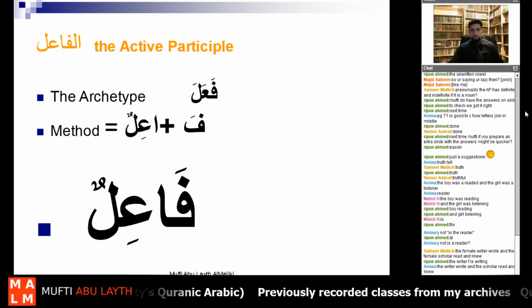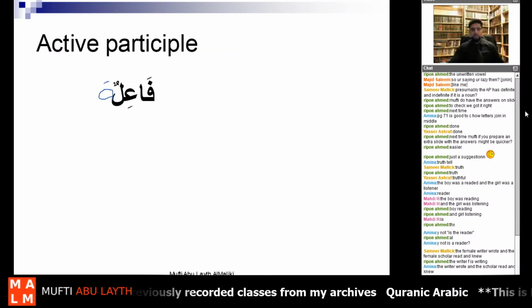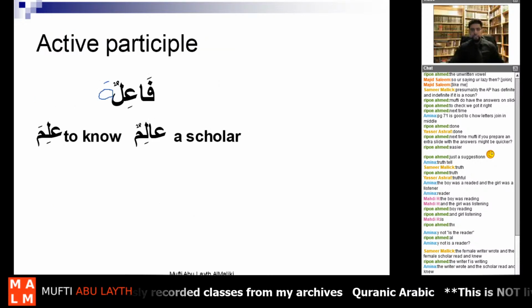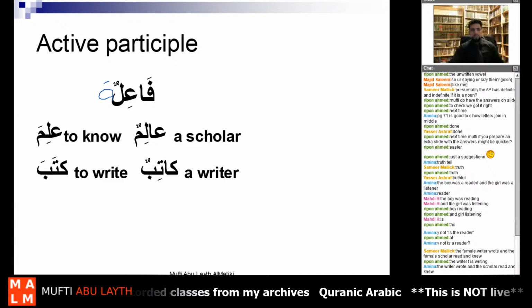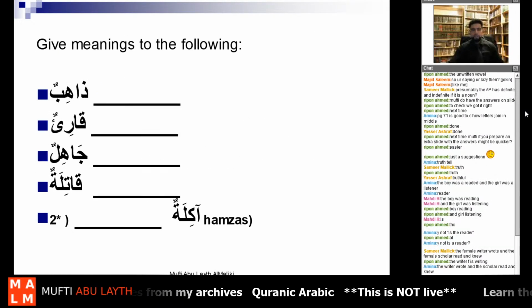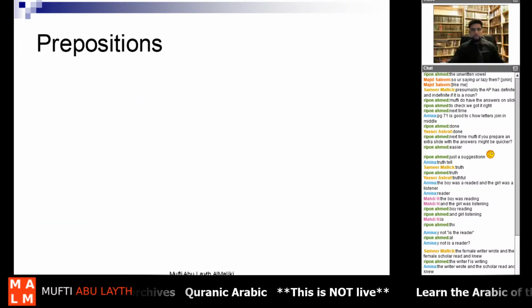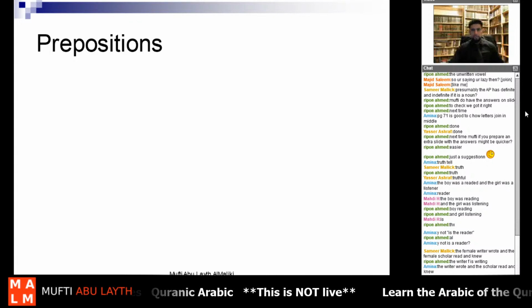We do that by adding the alif, giving the ayn a kasra, and the lam tanween. It becomes fa'ilun. The feminine version is by adding ta. Examples: alima, alimun, alimatun.